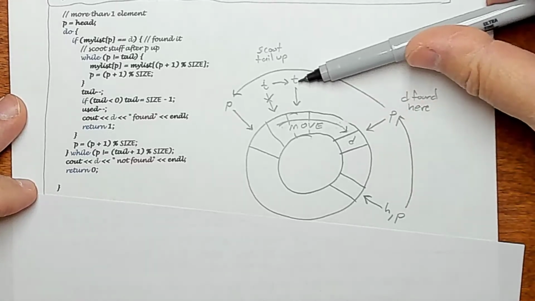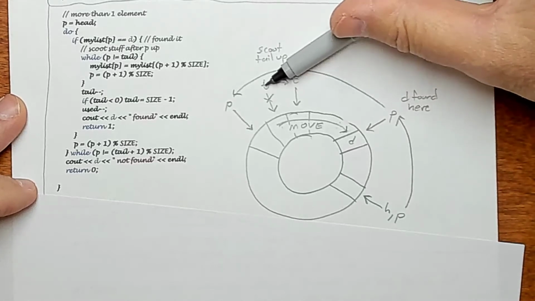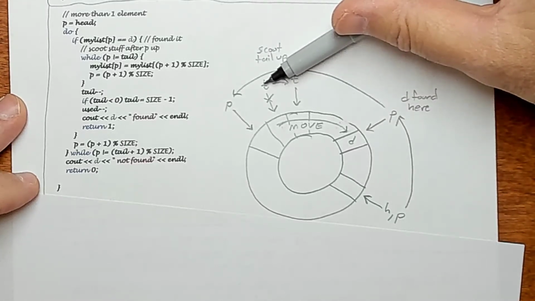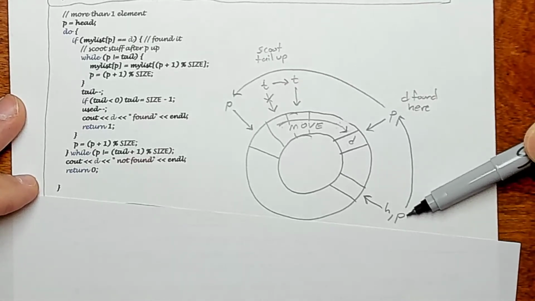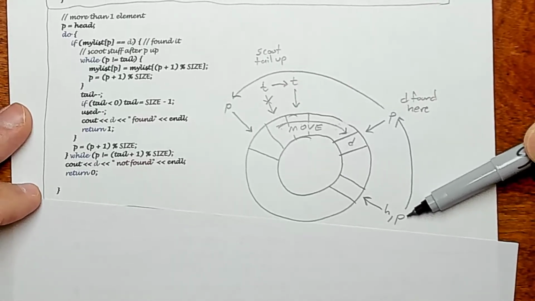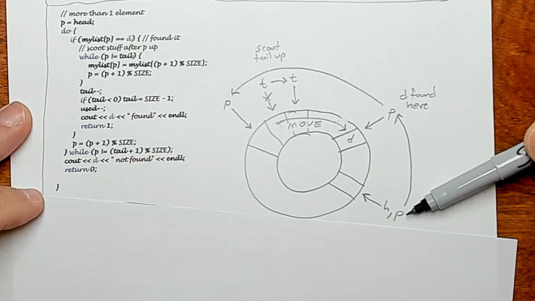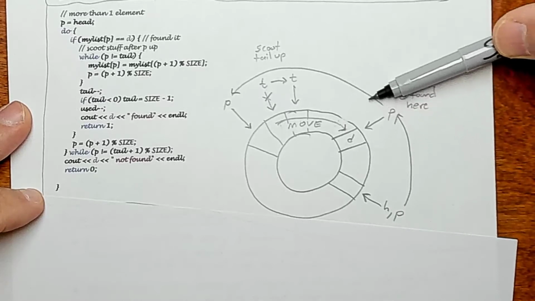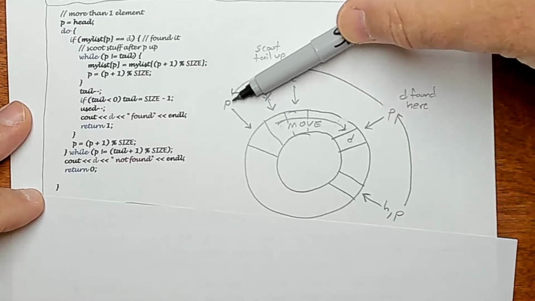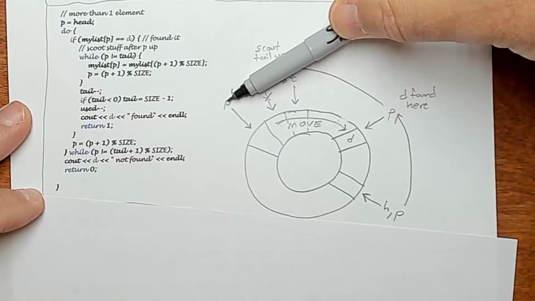And then we've got the tail, which is here initially. And what we're going to do is take another index, P, which we initially set to point to the head, and then we walk it all the way down to the end of this thing, looking for the item that we are seeking.